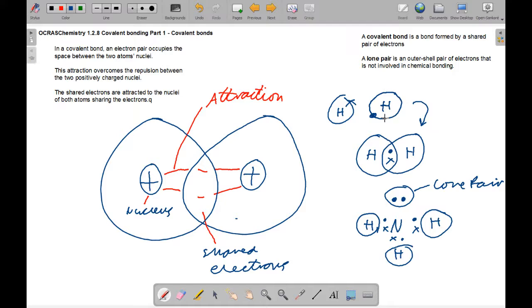covalent bond. So a covalent bond is a bond formed by a shared pair of electrons, and the lone pair, which is here, is an outer shell pair of electrons that is not involved in chemical bonding. If you have covalently bonded atoms of the same element, then the distribution of charge is equal. So the same element will happily bond together, except for the noble gases.